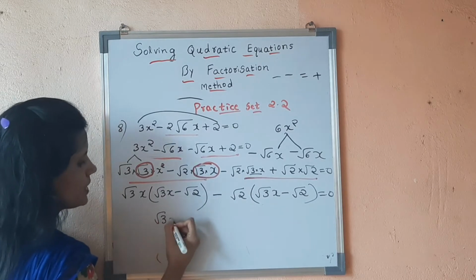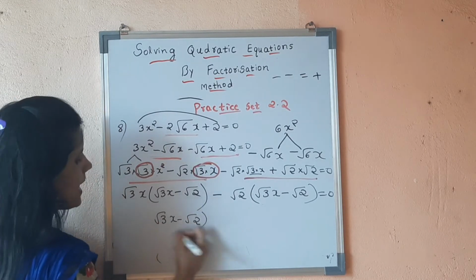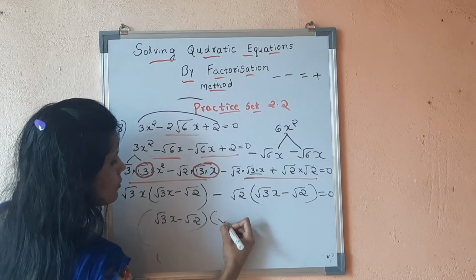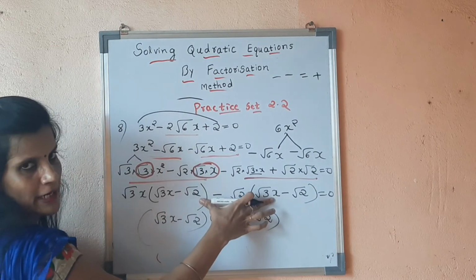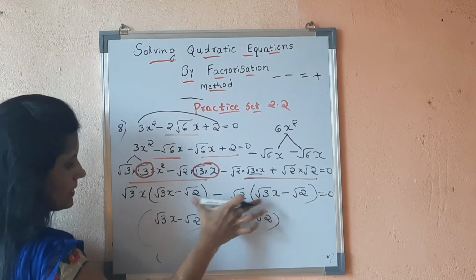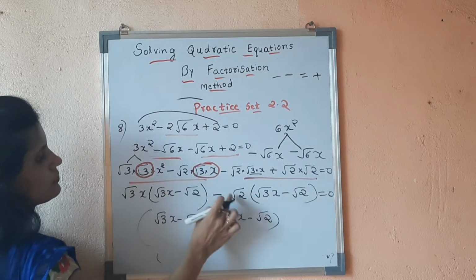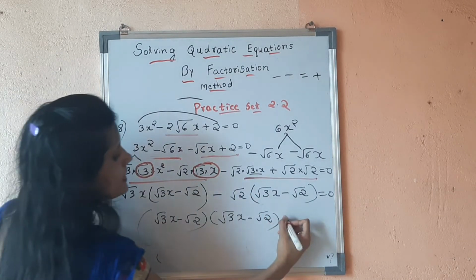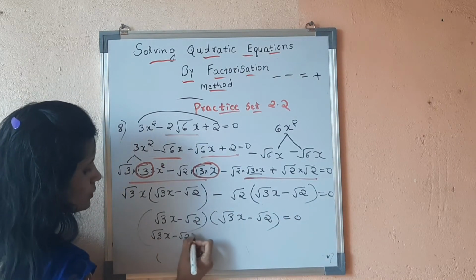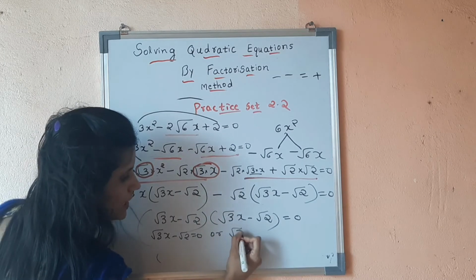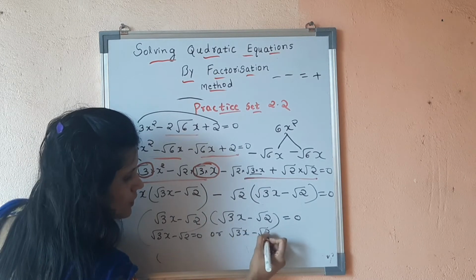So these are the common things you got. I will write root 3x minus root 2, and this one also root 3x minus root 2. As both binomial terms are the same, we can take one thing as common, and one is root 3x minus root 2 equal to 0. Now we know that root 3x minus root 2 is equal to 0, or root 3x minus root 2 equal to 0.